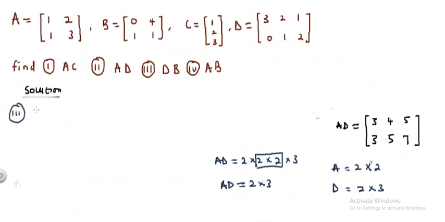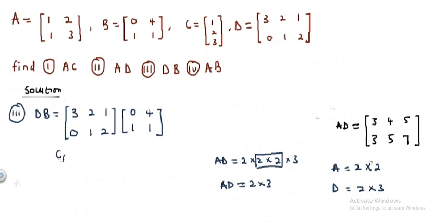After that, let's look at example 3. We are asked to find matrix DB. Matrix D is 3, 2, 1, 0, 1, 2. And matrix B is 0, 4, 1, 1. Remember, before we multiply anything, we check the columns and the rows.